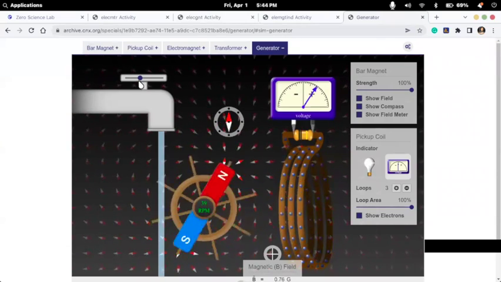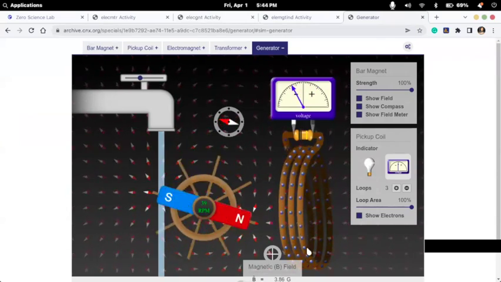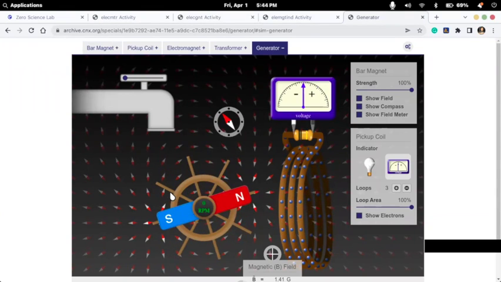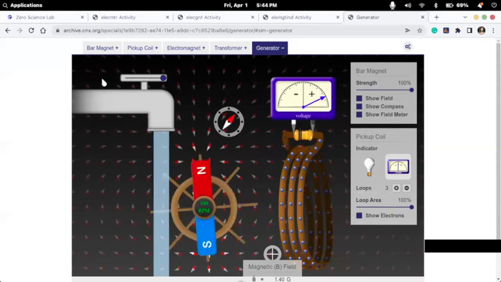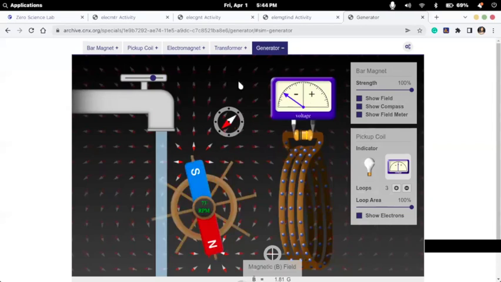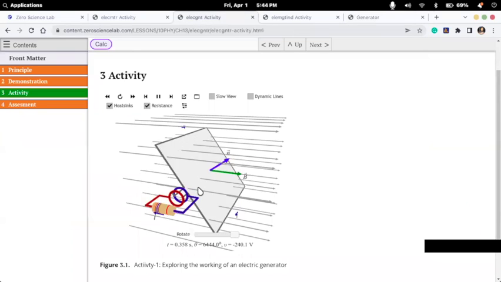In this way, just take the coil and put any magnet near the coil and rotate the magnet. This is one way of getting the current, right? Now I am doing another way.